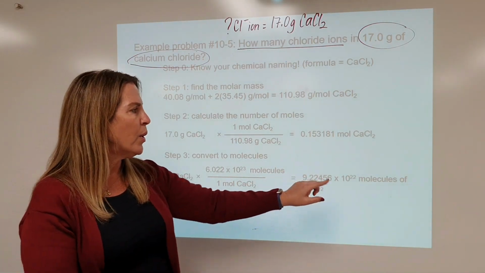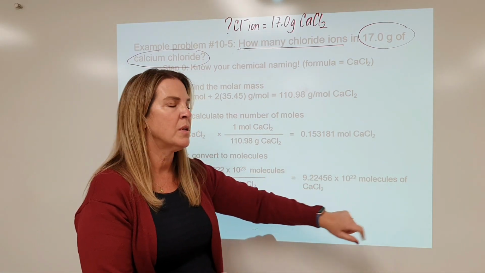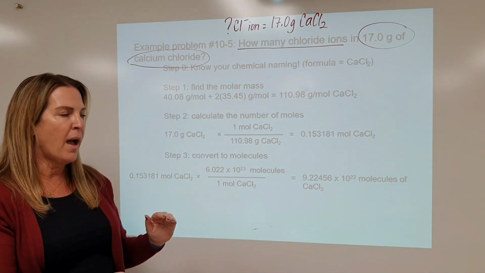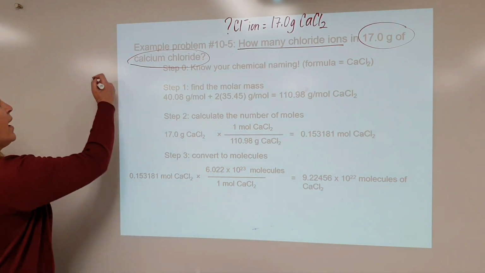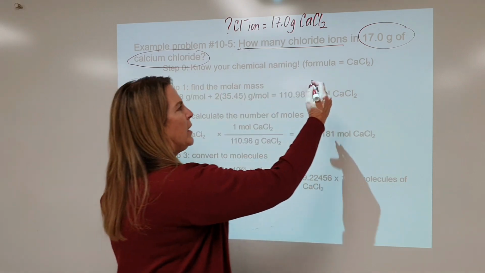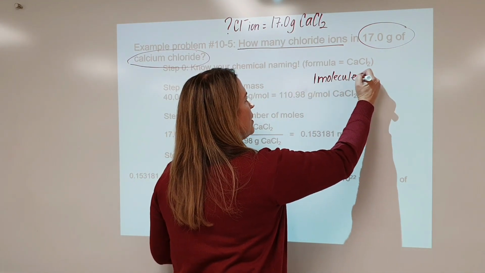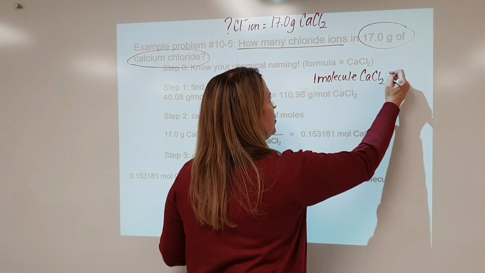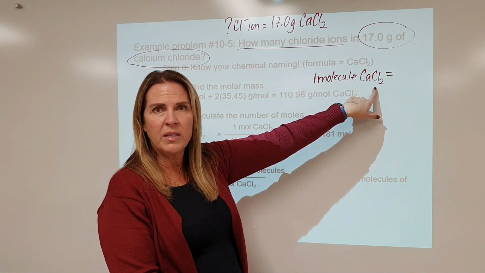Now, even though we're in numbers of things, we're in numbers of molecules, not chloride ions. But take a look at this formula. If I have one molecule of CaCl2, how many chloride ions are present?